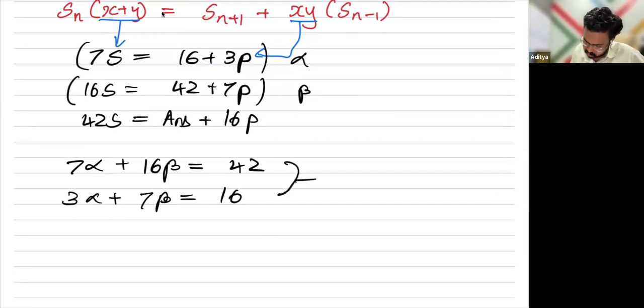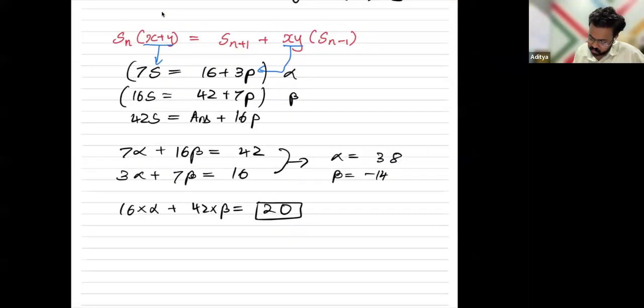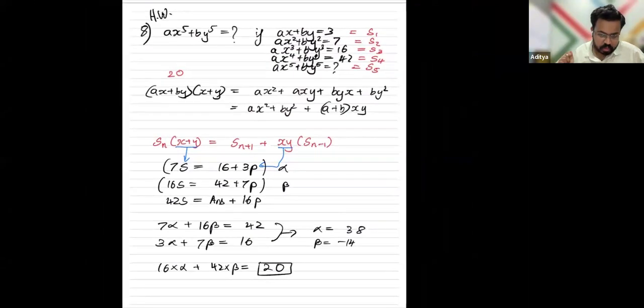From here, if you solve this, you will get alpha equal to, how much was it? 38, and beta equal to minus 14, which you can substitute to get 16 times alpha plus 42 times beta is equal to 20. So you can just take a screenshot of this if you want, and then later make sense of it.